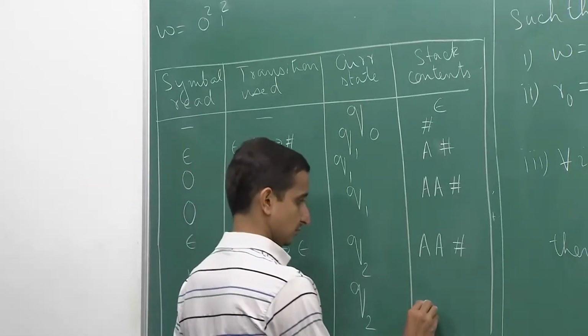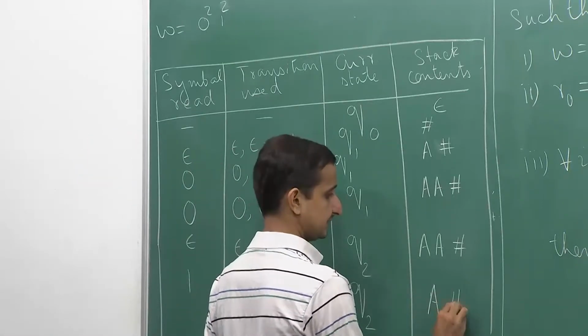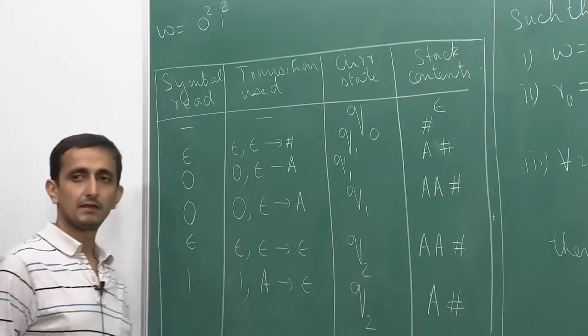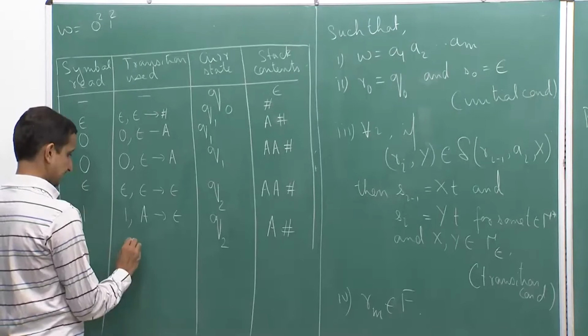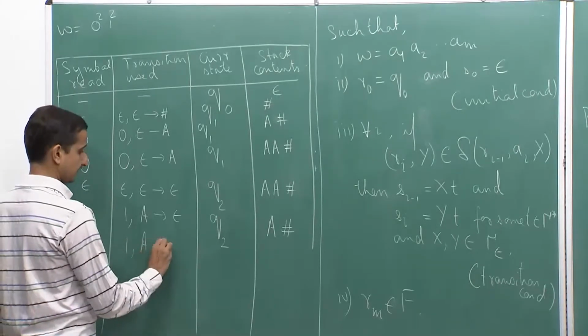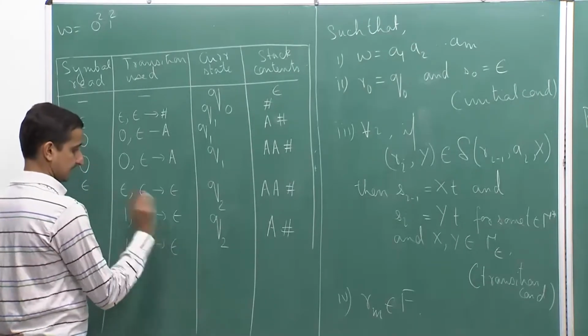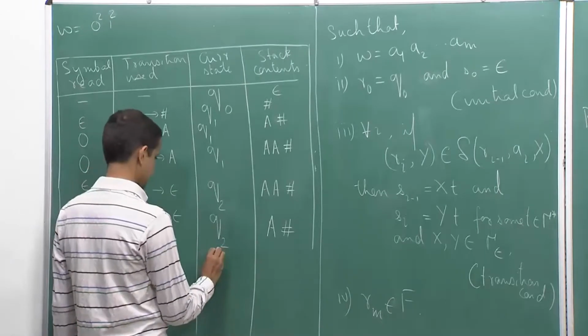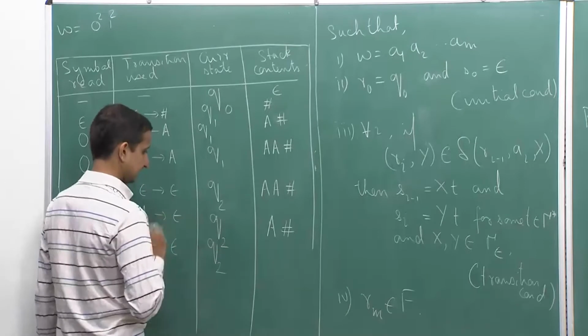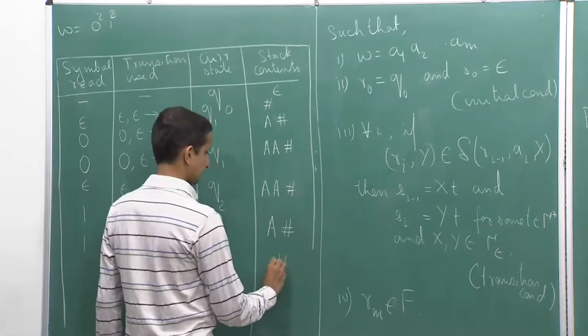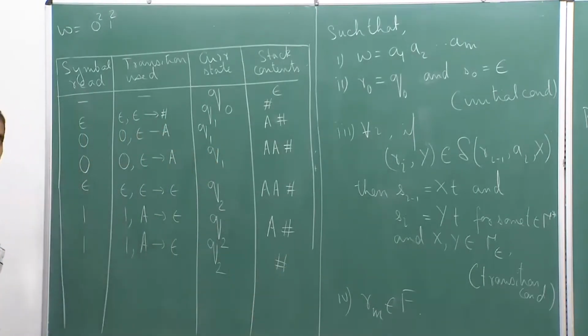Okay. So, the current condition of the stack is A hash. Then it again reads a 1, uses the transition from A to epsilon and stays at the state Q2. Now, the stack has hash on it.